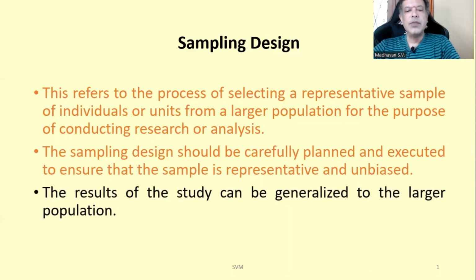The results of the study can be generalized to the larger population. That is our ultimate aim. Whatever we are concluding based on the sample, we are linking it with the population and trying to generalize to that particular population. That is our objective.